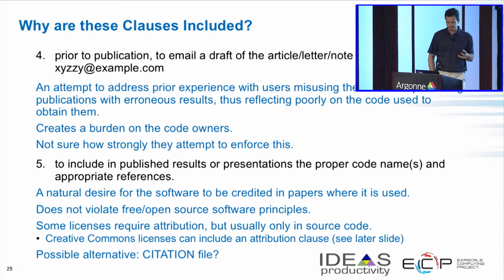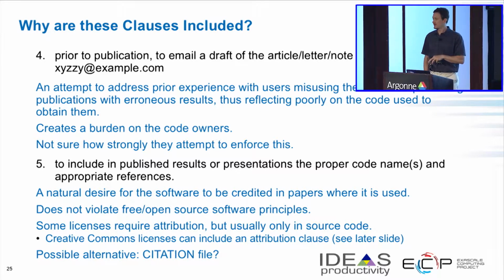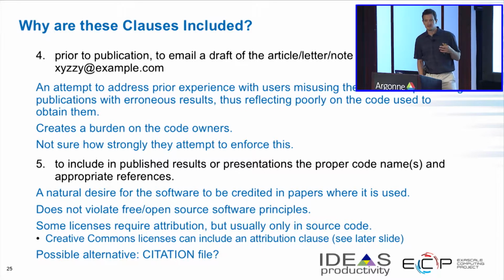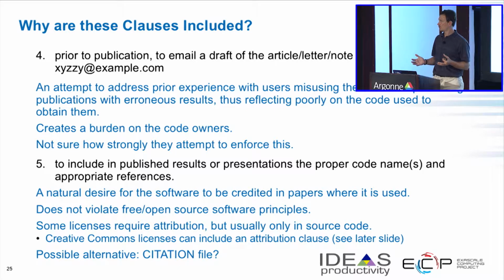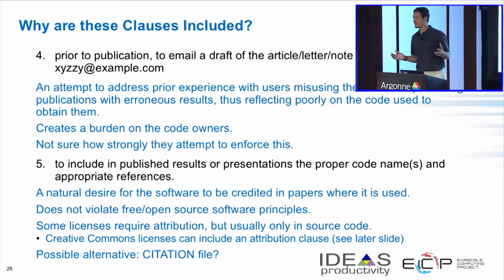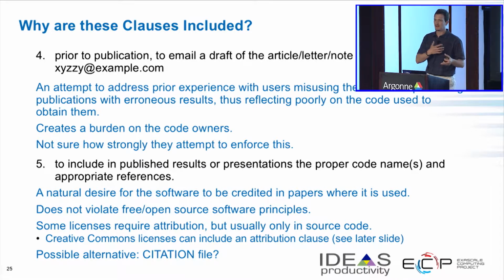So this wasn't an example that I came up with, but I've seen almost exactly the same thing, where people were very frustrated because someone published results with their code and showed poor performance results relative to something else. But they said, well, gee, they didn't use all the right compiler flags. They didn't even optimize it for the architecture that they were on. They went about this all wrong and then said that my code performed poorly.